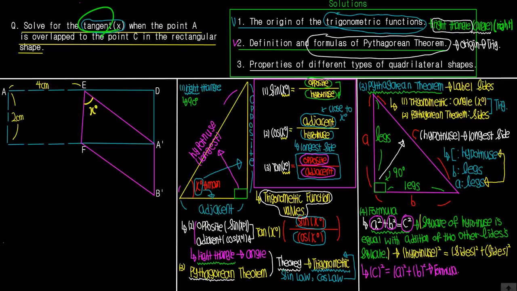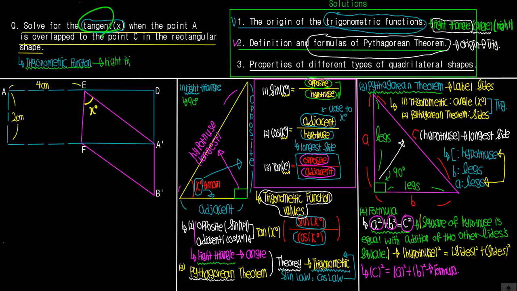So we can see what the question is about. This question is mainly about the trigonometric function. So here's the trigonometric function. Let's label every single thing that is related or important in our trigonometric function. Well, we know that the trigonometric function is something we can only apply in a right triangle.